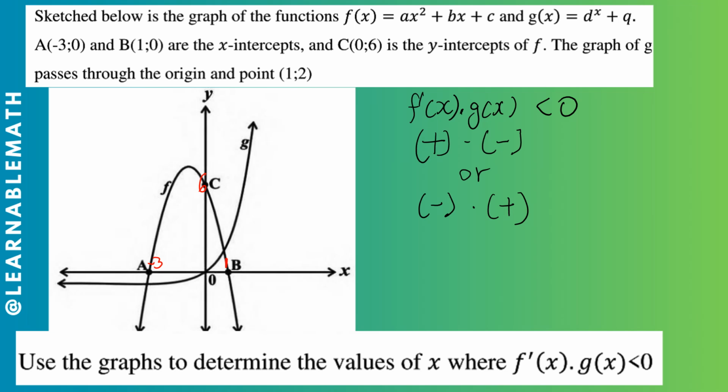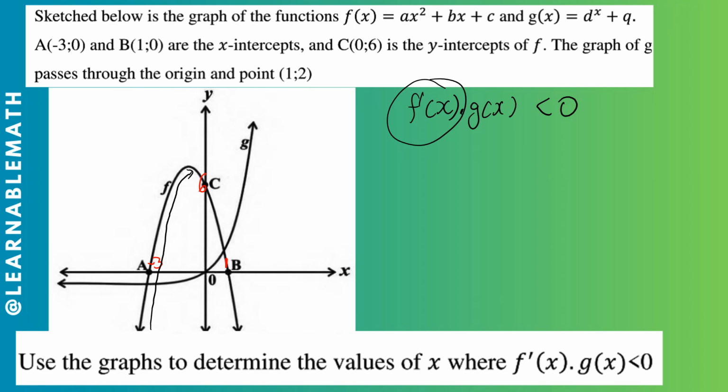Now we must check where f prime of x is positive and where it is negative. Remember, f prime of x is the gradient. As we are increasing the slope here, the gradient is positive. Even if you draw your tangent line this side, it will always be of a positive gradient. So, let me use a different color.